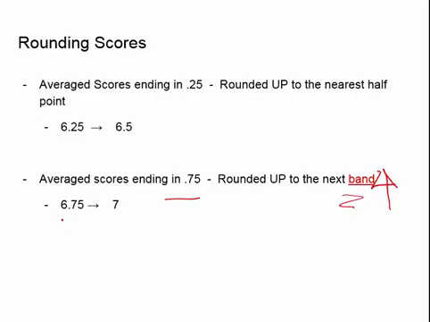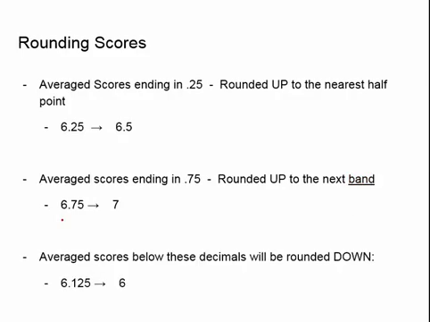A person who gets 6.75 will have their score rounded up to 7. Unfortunately, if your score, after it's been averaged, ends in 0.125 or lower than the 0.25, then it's going to round down to the band score. So 6.125 average of all 4 sections would end up being an overall band score of 6.